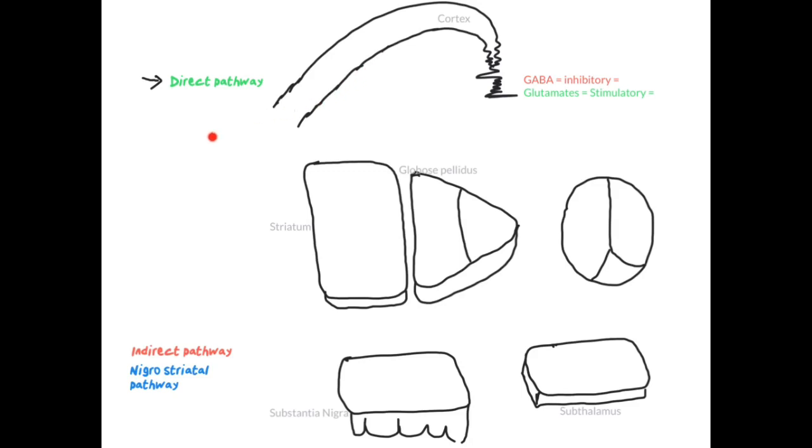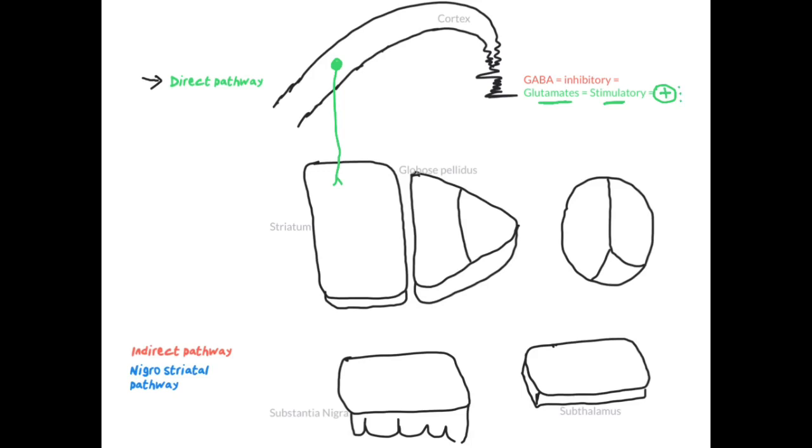So the direct pathway. Here we have the fibers coming from the cortex. I will draw them in green. The green neurons are glutamatergic. They release glutamate, which is stimulatory, and which in our lecture we will represent by the plus sign, which means stimulation.